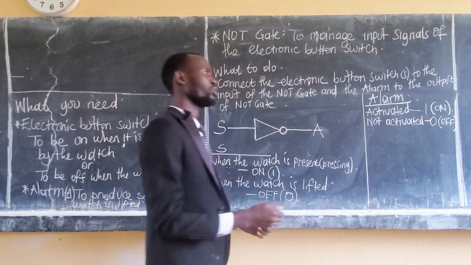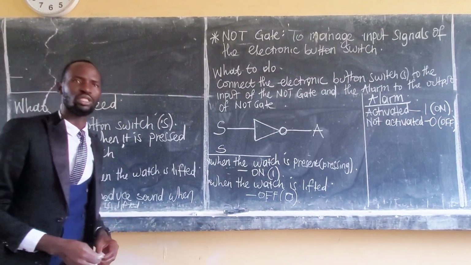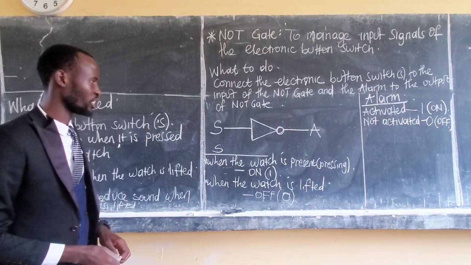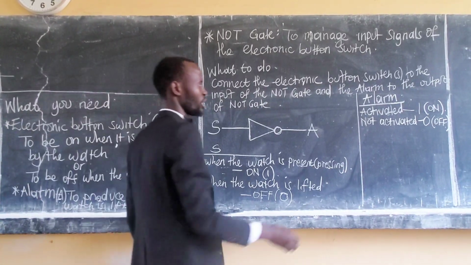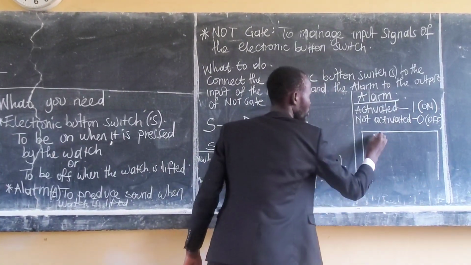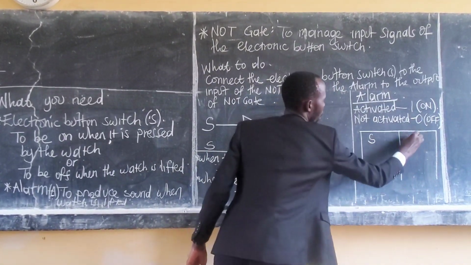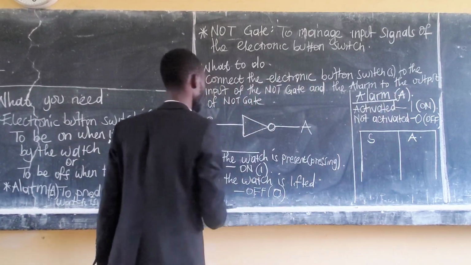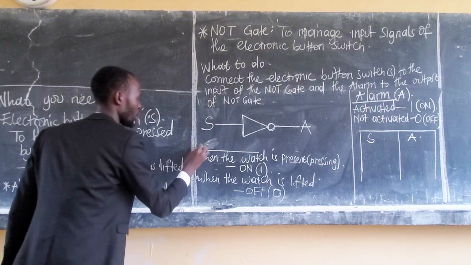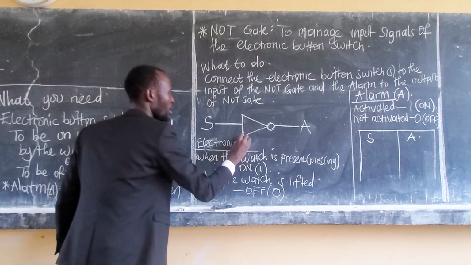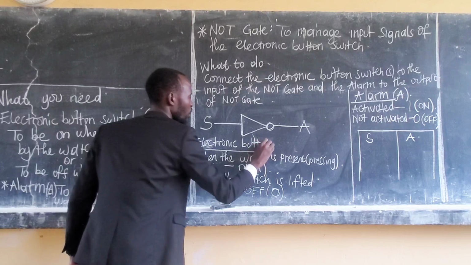We looked at those binary digits and their meanings in the first videos. You can check out that video. So this is our truth table. We have the switch S and the alarm, which we denoted by A. Our electronic button switch S.